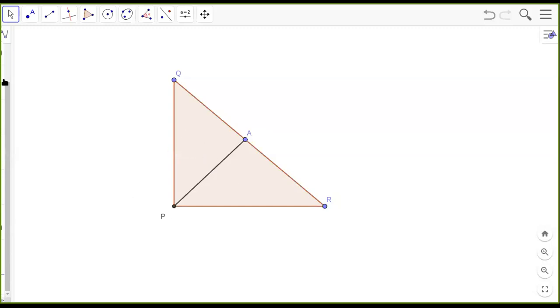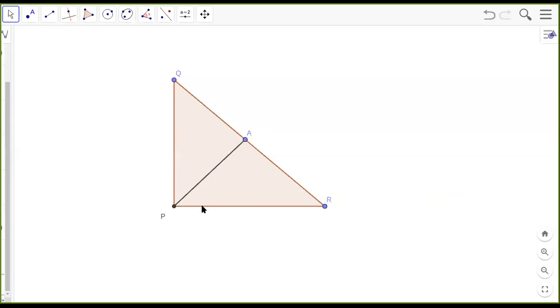But what is asked in the question for us? We have to go back to the question. You had to show that PM square is equal to QM into MR. So this is what you had to show. So coming from the diagram itself, we know, I go back to my applet there.